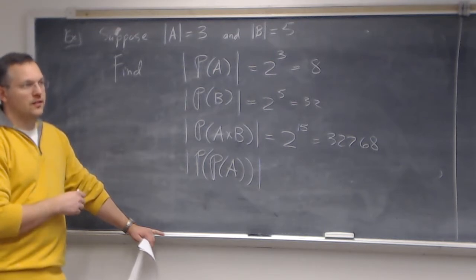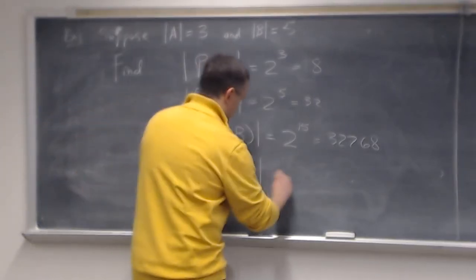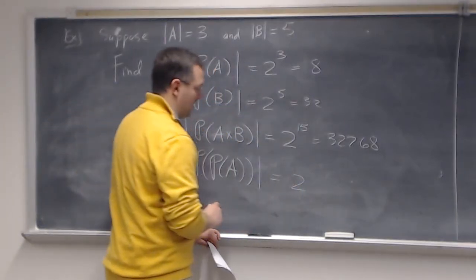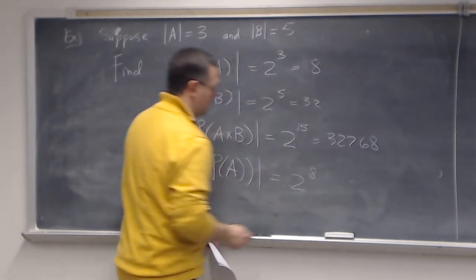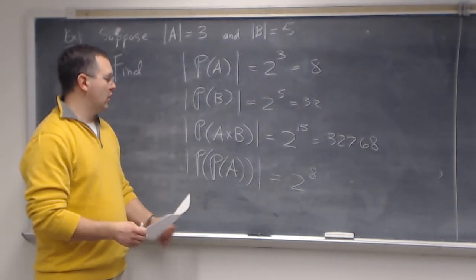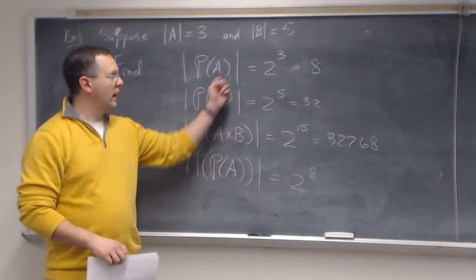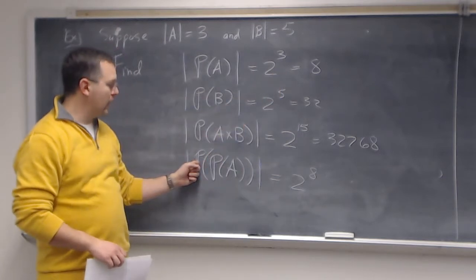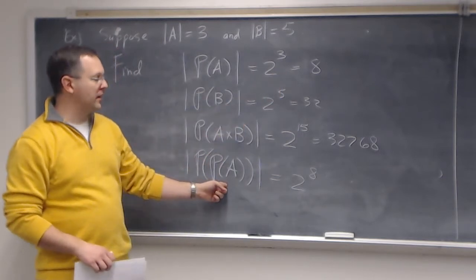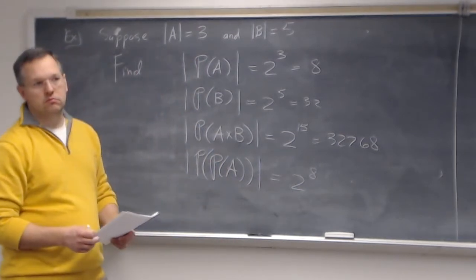I was basically saying 2 to the second, to the third, so it'd be 2 to the 8th. 2 to the 8th, you're saying. What do you think? How many elements does the power set of a set with 8 elements have? The power set of any set with 8 elements will have 2 to the 8 elements.